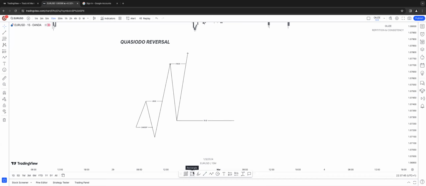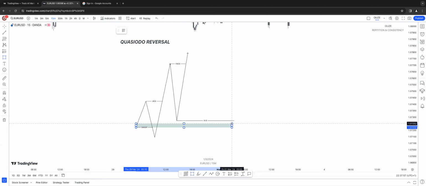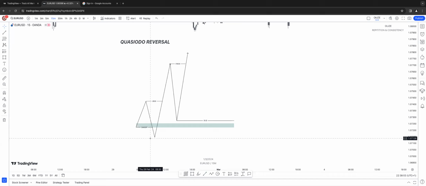So in the case of a bullish scenario, our order block is the last low created before the sweep, before your Quasimodo. The last low before your sweep is where your QMR is located.